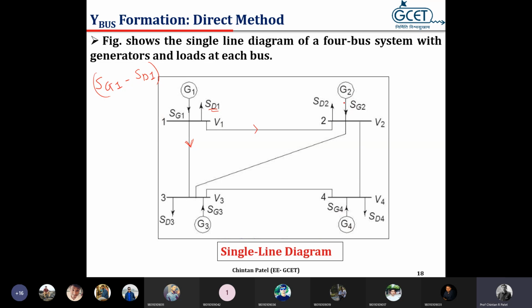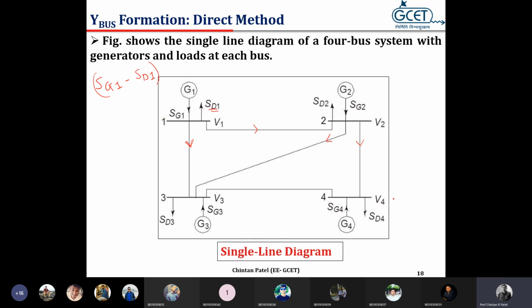So bus number 2 will inject the power into the network. So again, power will flow in this manner. Now, if this is the scenario in these 4 transmission lines, the conclusion is about bus number 3 and bus number 4.